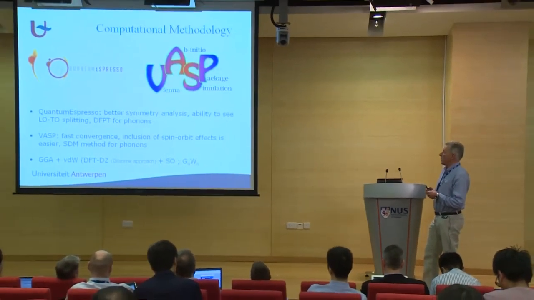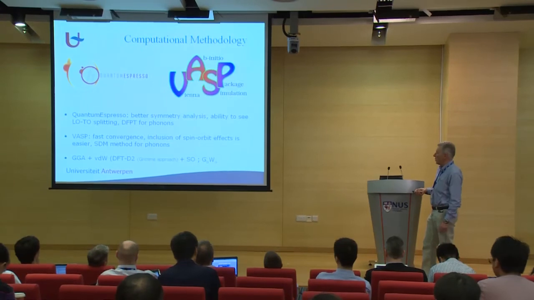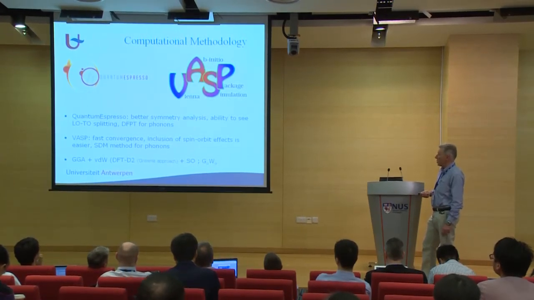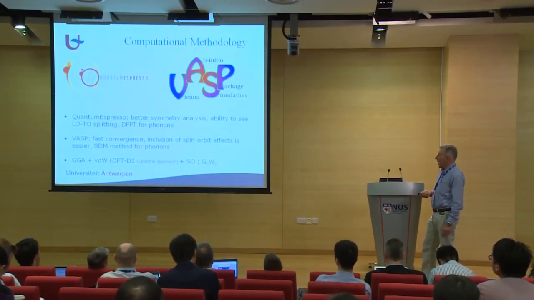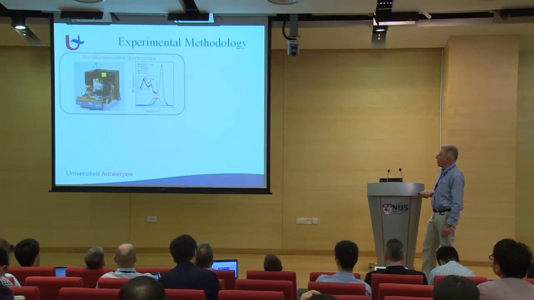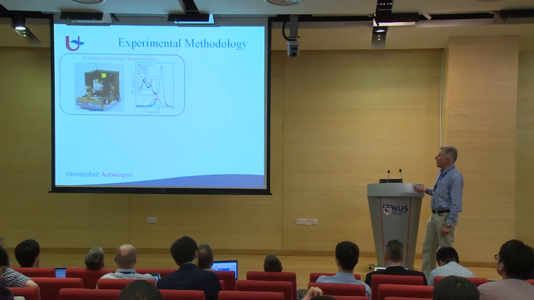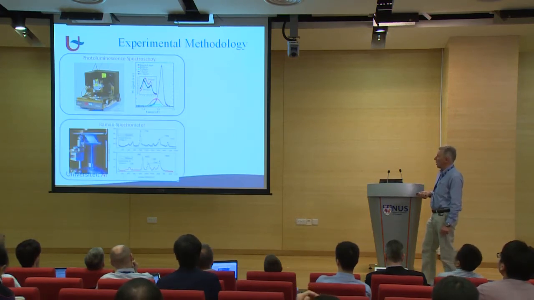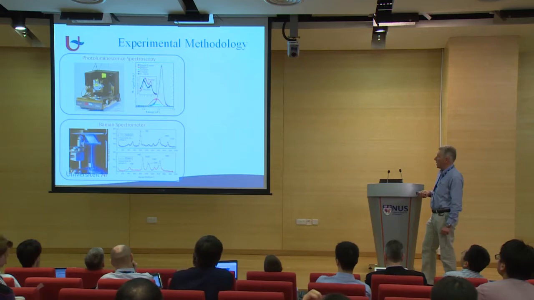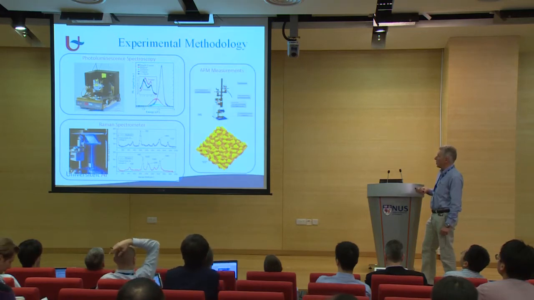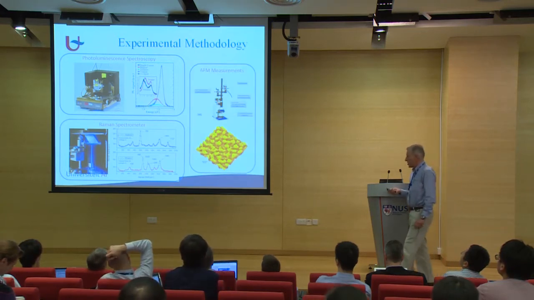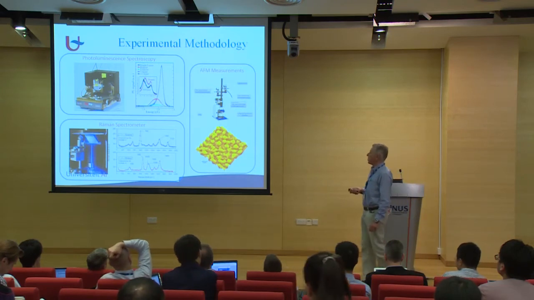If you are really concentrating on the band gap, then you have to go one step further and use this type of approximation. Our experimental colleagues used three different types of experiments: optics, photoluminescence spectroscopy, for the phonons, Raman, and then structural AFM, or also transmission electron microscopy.